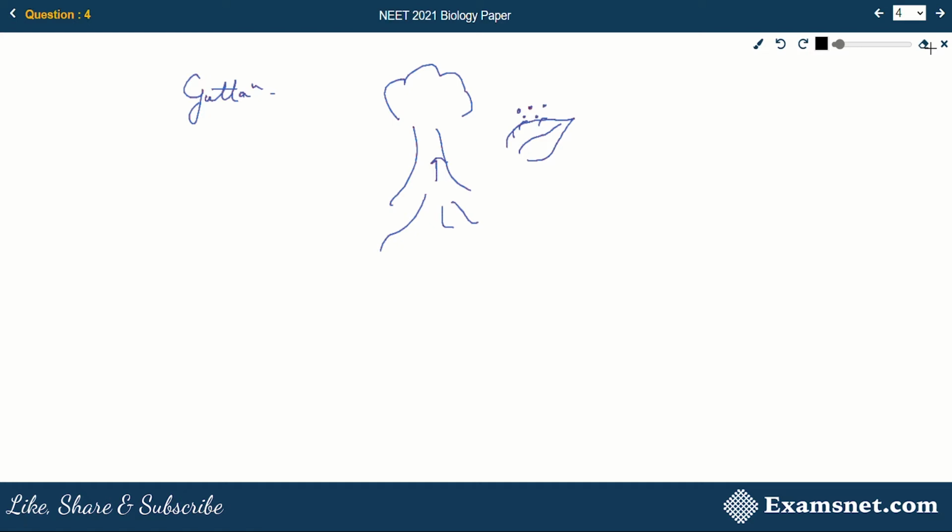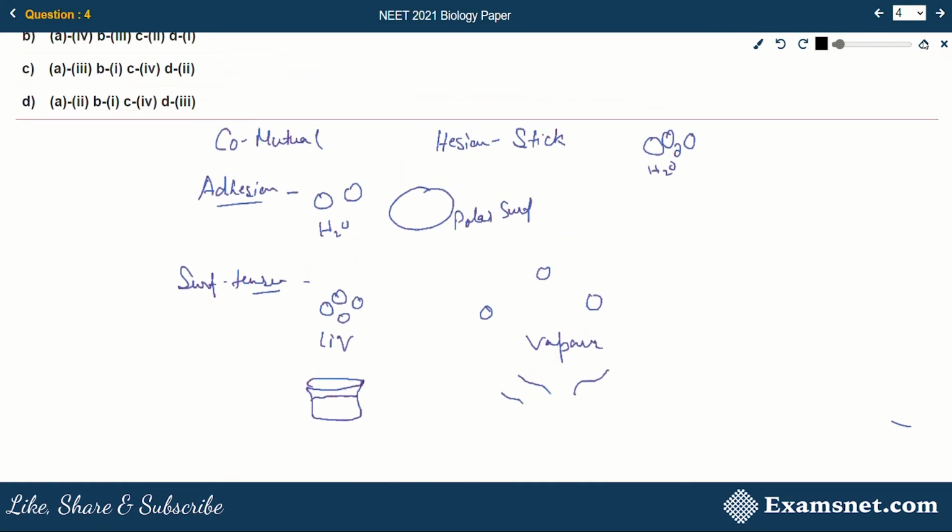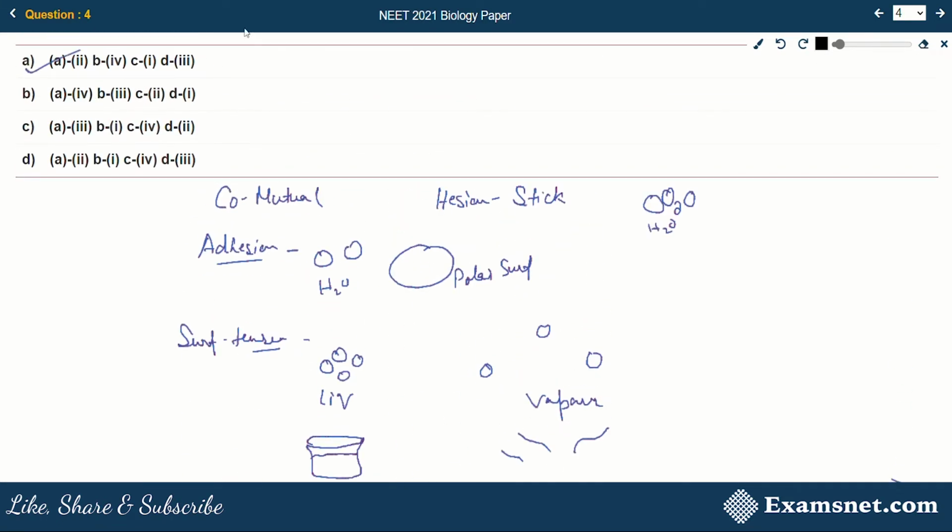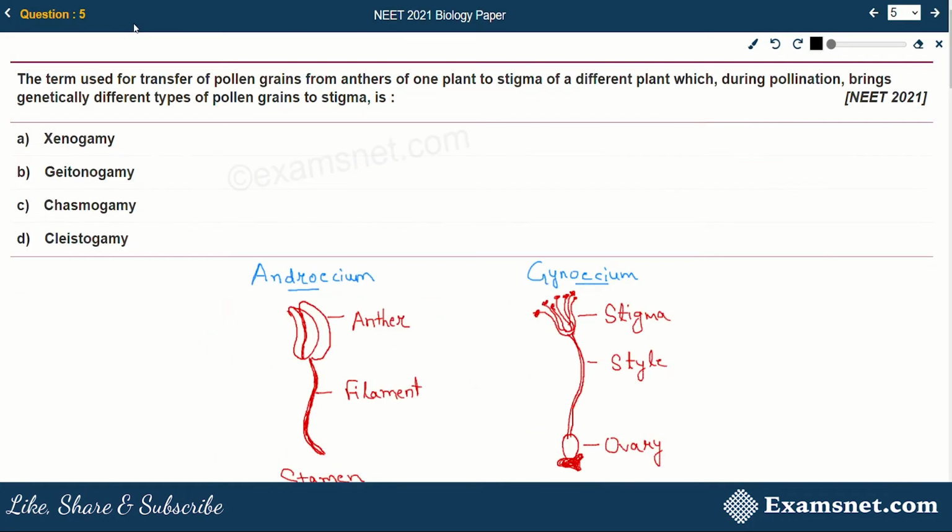Okay, and don't confuse it with transpiration. What happens in transpiration? In that case, water is lost in the form of vapor, but here it is lost in the form of liquid. Okay, so what will be the correct answer? Option A. Got it?